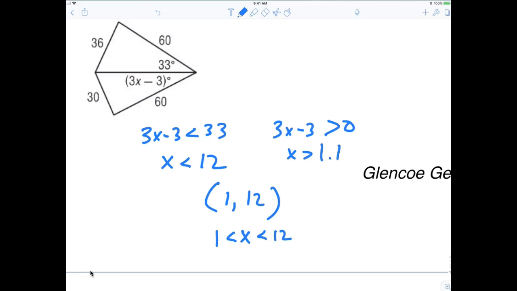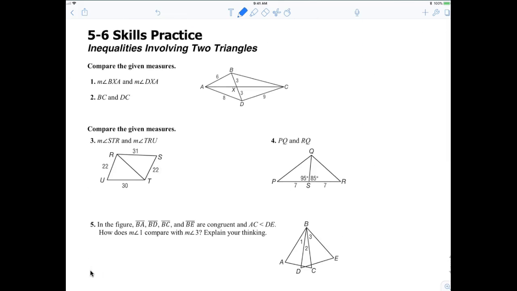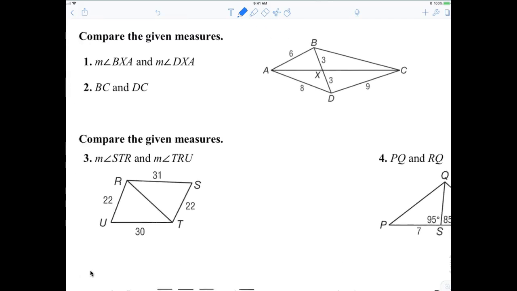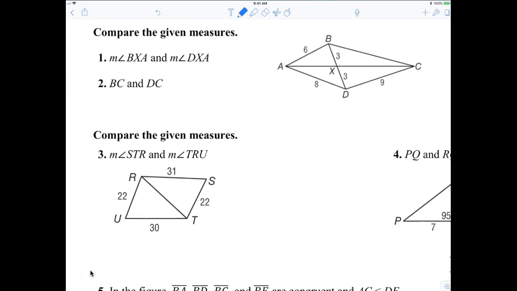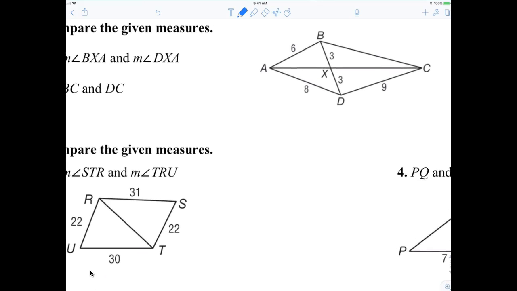So now, look at the next one. Sometimes the figures just look a little bit harder, but they're not. So the measure of BXA, I'm looking at BXA would be referring to this, and DXA would be referring to this.